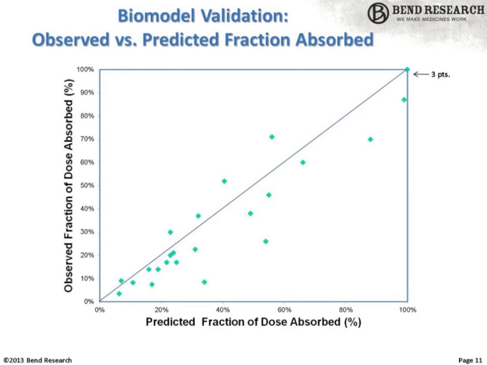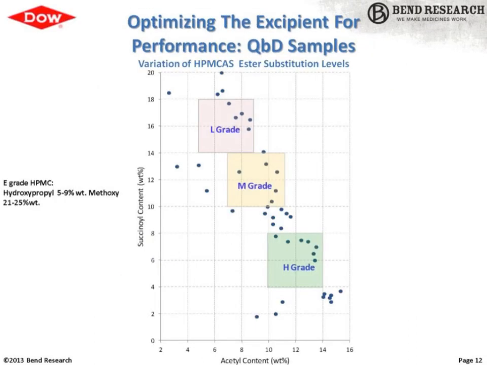So another key piece of the formulation is not just the compound, but the excipient that you might use in formulating that compound. And in some work we've done with Dow, and there's a companion presentation during this virtual bioavailability webinar, looking at optimizing the excipient for performance.